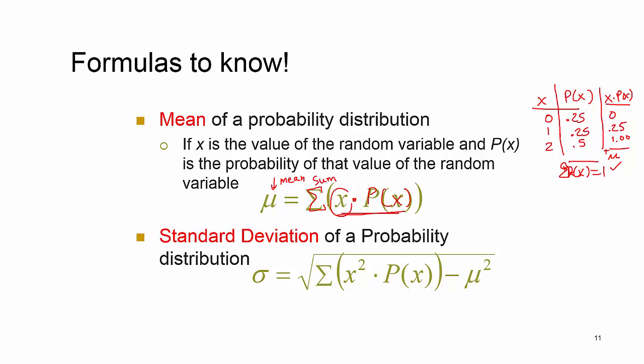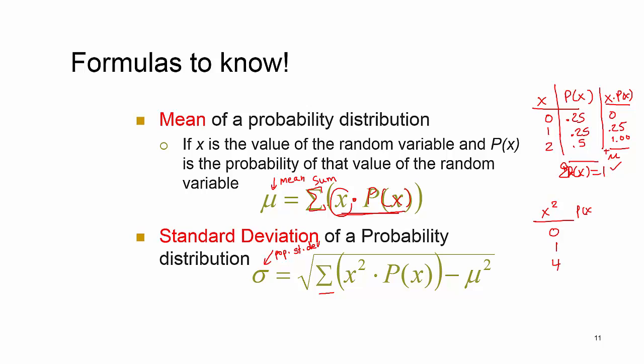The symbol for the standard deviation is sigma. This is the population standard deviation. So sigma, the standard deviation, is equal to the square root of the sum. Now here notice it's a little different. We want to multiply the squared x's times the probabilities. So we have to square the x's. 0 squared is 0, 1 squared is 1, 2 squared is 4.